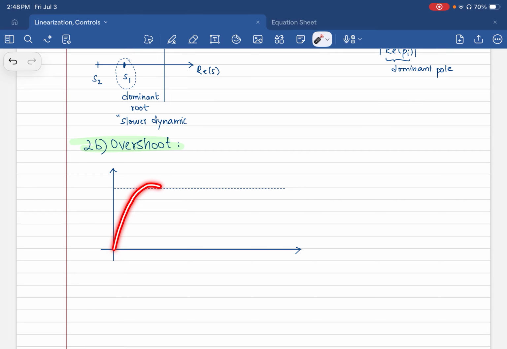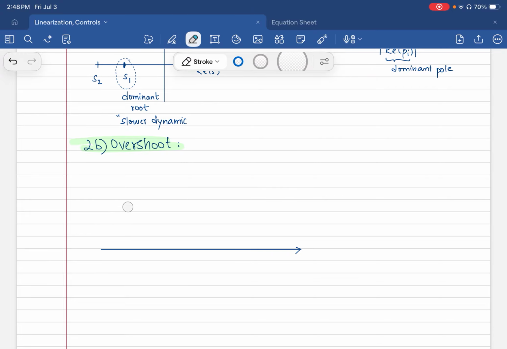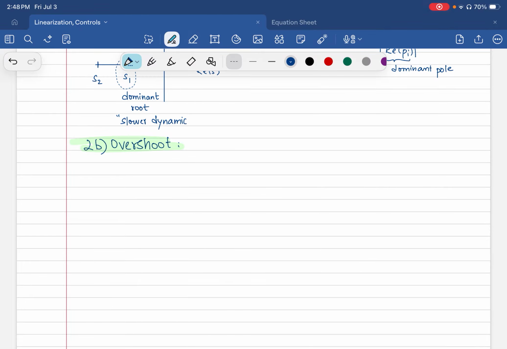You might just want it to be manageable, so something like this. It might be imperceivable to a human who's in the lift. So the thing with overshoot is that you want it to be within desired design requirements.